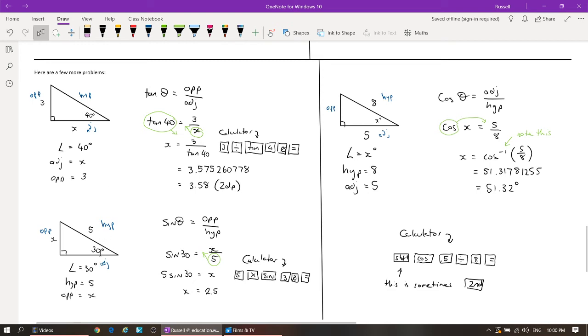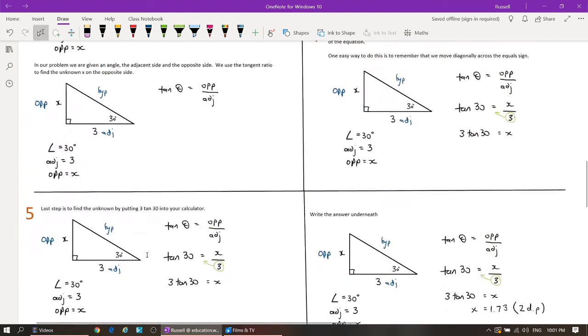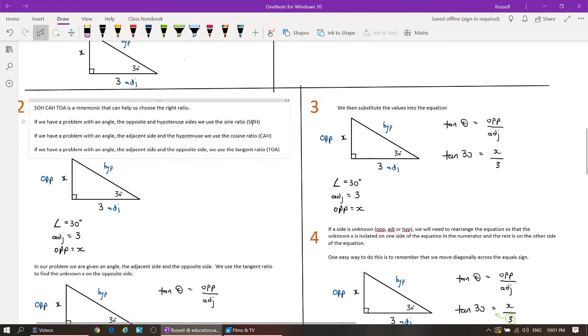Okay, let's have a look at another problem. This time we've been given the hypotenuse, an angle, and we're looking for the opposite side. So here's the angle, here's the hypotenuse, there's the opposite side. Opposite and hypotenuse, if we go back to our ratios up here, opposite and hypotenuse, we use the sine ratio.